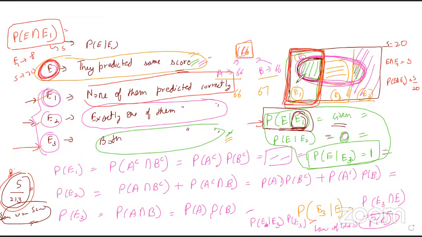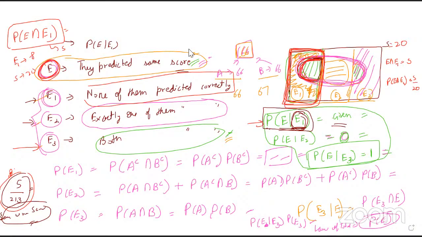Given this sample space, you know the occurring of this. So if you subtract one from it, you will get the remaining part, which is none of them predicted correctly, and they have also not predicted the same score. Okay, I got it.